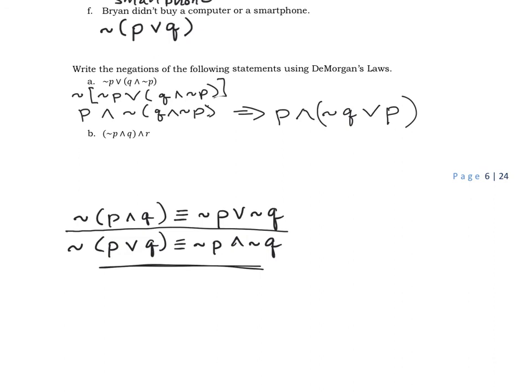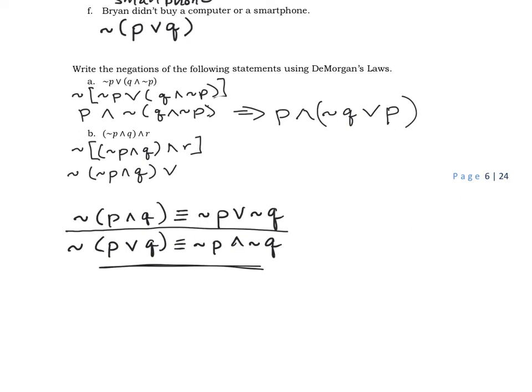Okay, so let's try this next one. I need the negation of this particular compound statement. So I need the negation of this particular parentheses. And it's no longer going to be a conjunction.